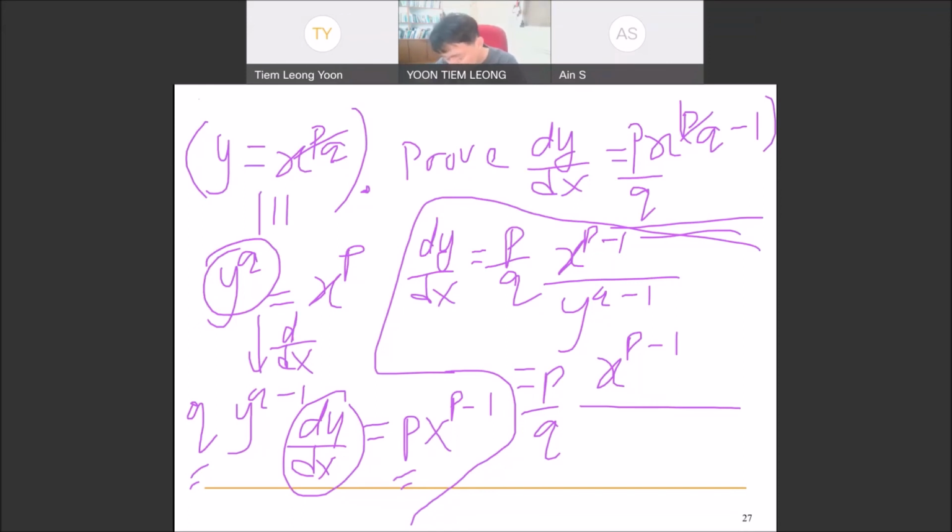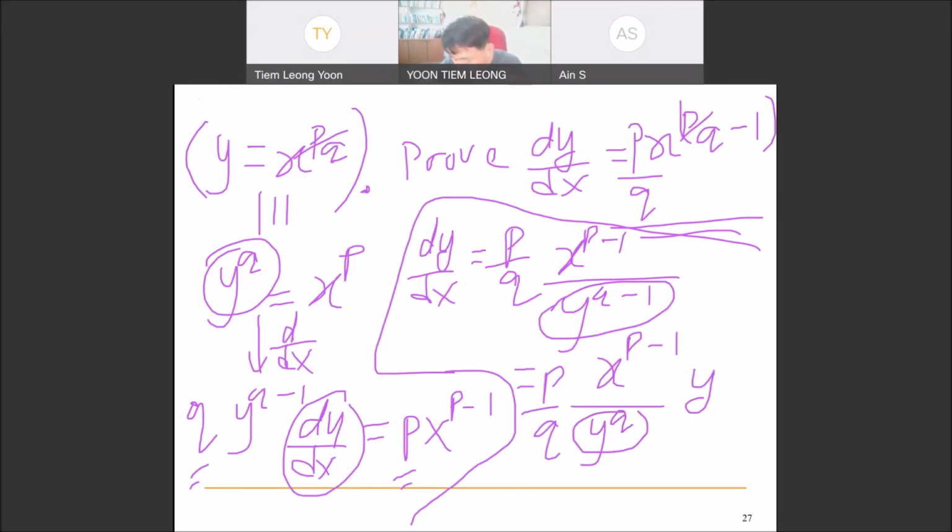So y^(q-1) is expressed as y to the power of q minus 1. So you can bring out the y. I'm just rewriting y to the power of q minus 1 into the form of y^q times y.